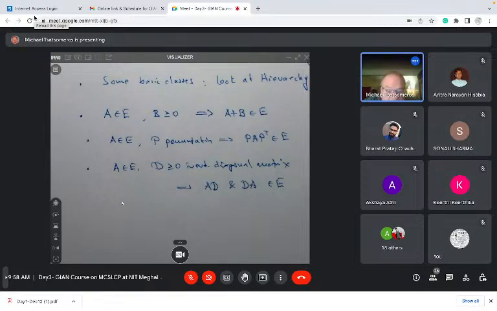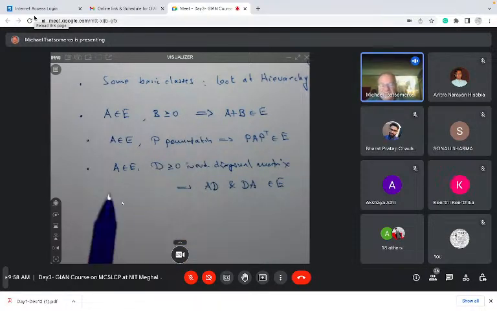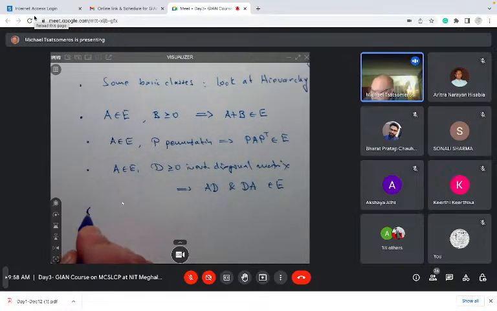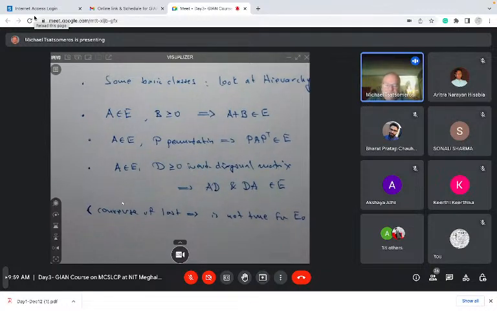The converse is not true up here, the converse is true. I don't really want to state the converse yet, but let me put it here parenthetically: the converse of the last implication is not true for E0, okay?